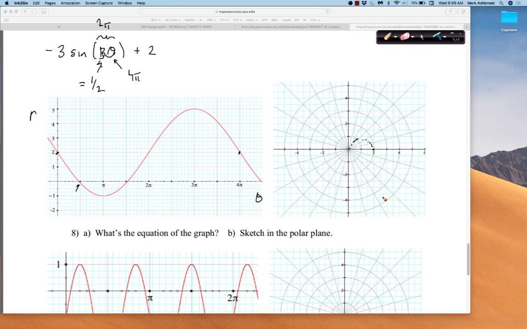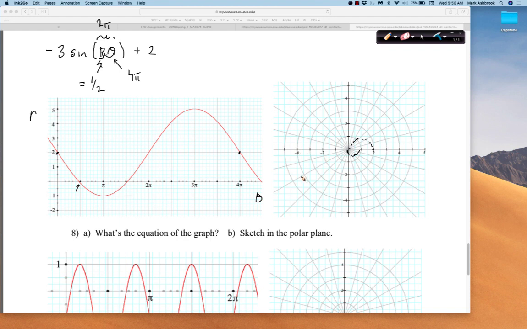And then, from pi over 2 to pi, we go from what to what? 0 to -1. So here theta's turning through this quadrant, but what does 0 to -1 mean? Negative values will be over in this quadrant. So we're going to go from 0 to -1 when we get to pi. So here's pi, -1 right there. And then from pi to 3 pi over 2, -1 back to 0.